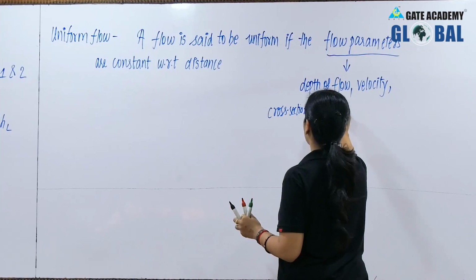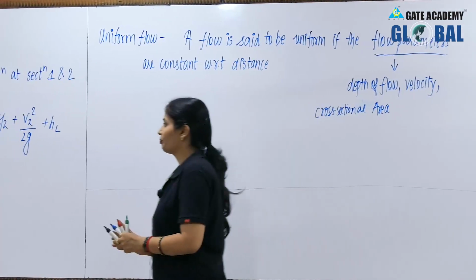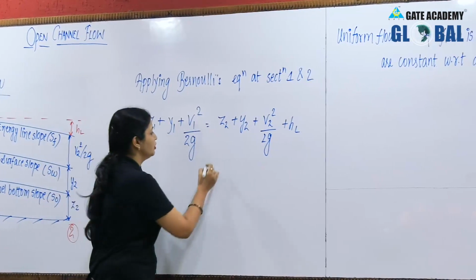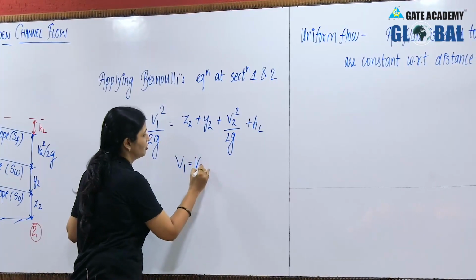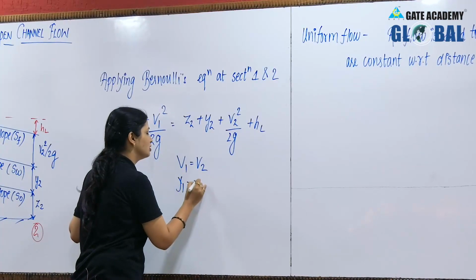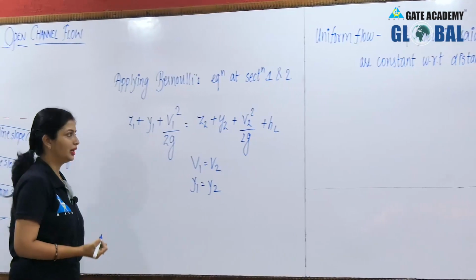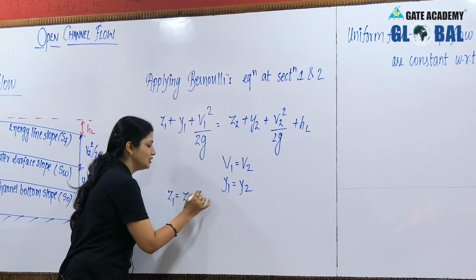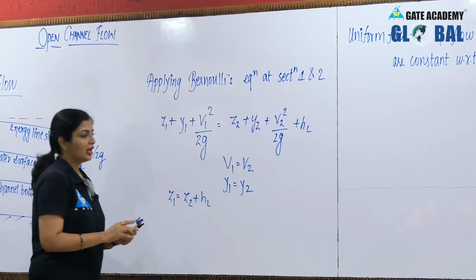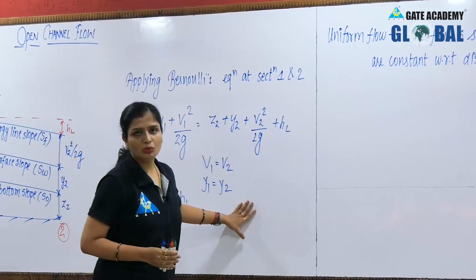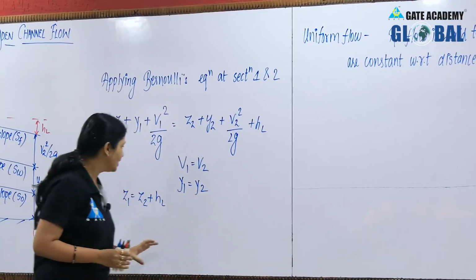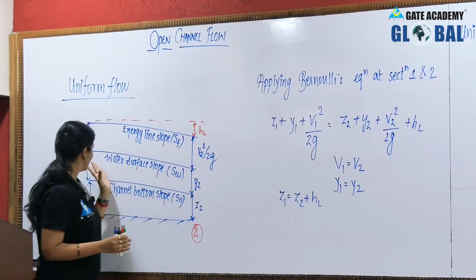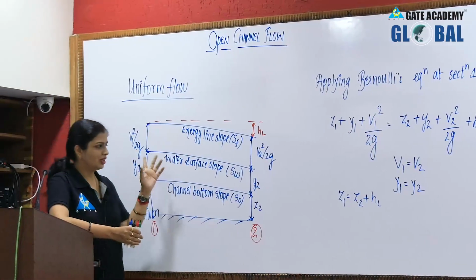Now, I told you that velocity will be equal because this is uniform flow, so V1 is equal to V2. The depth will be equal, that is Y1 is equal to Y2. You will get Z1 is equal to Z2 plus head loss. Now, what does Y1 equal to Y2 mean? Maybe in this figure it does not look like Y1 is equal to Y2, but you draw it yourself. The depth at section 1 is exactly the same as at section 2.